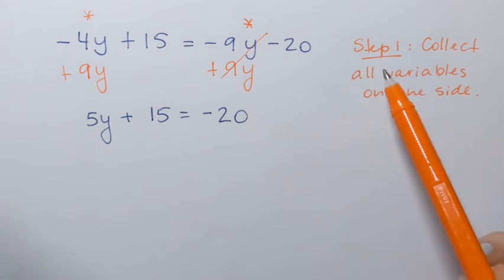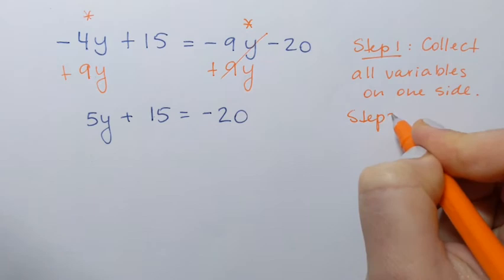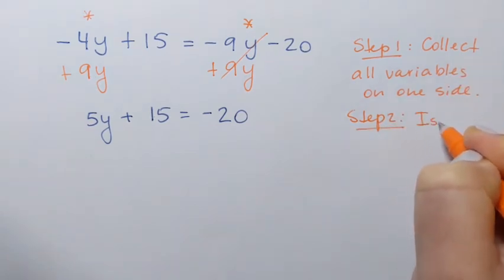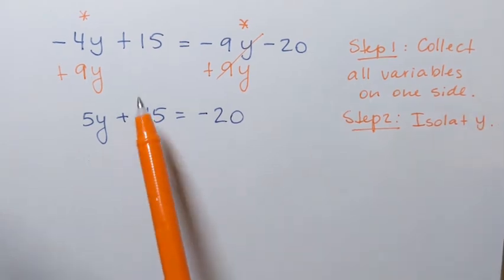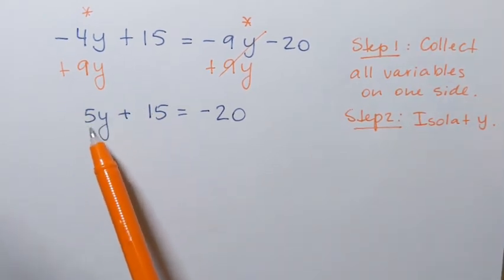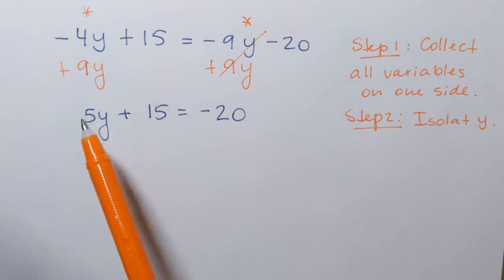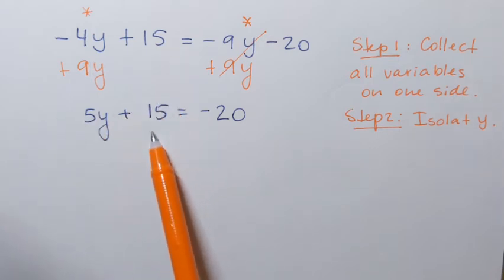After you completed that step, now we can really think about our ultimate goal, that is to isolate y, get y by itself from there. To get y by itself means to get rid of the numbers that are next to it. And remember that the number we call coefficient, that's right next to the variable, we're going to take care of at the end. So that means that first we'll remove 15.